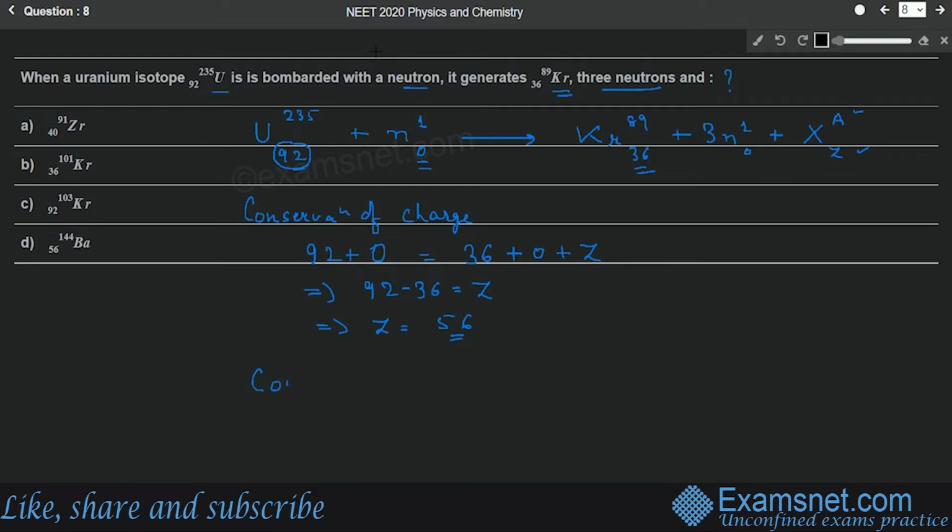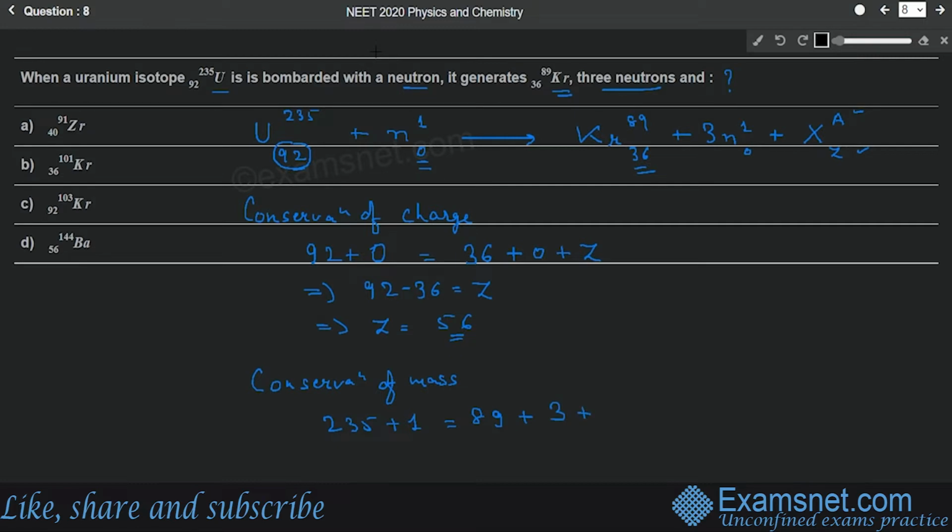Similarly, we can use the law of conservation of mass to find out the mass number. Here the total mass number on the reactant side, that means 235 plus 1, will be equal to the total mass number on the product side, that means 89 for krypton. Then 3 neutrons are there, so 3 into 1, that means 3.